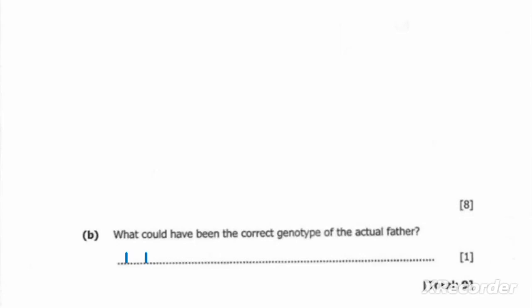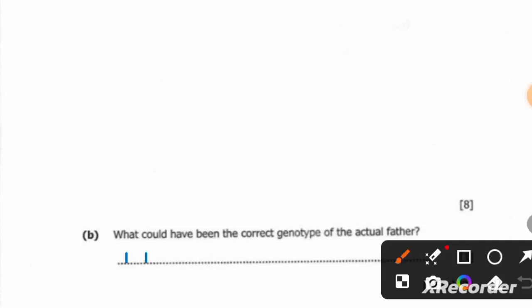For this mother with blood group O to produce an offspring with blood group O, she needs to have this child with a father who is having blood group O. Let me do this so that you can understand what we are talking about.